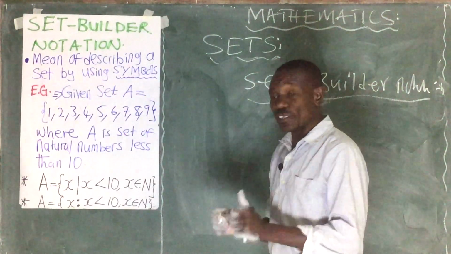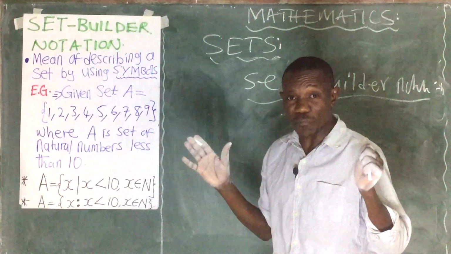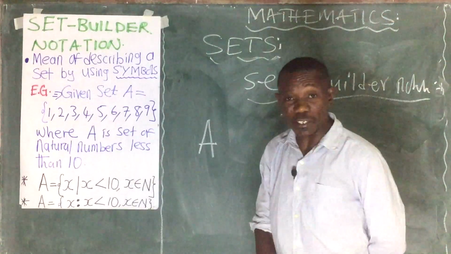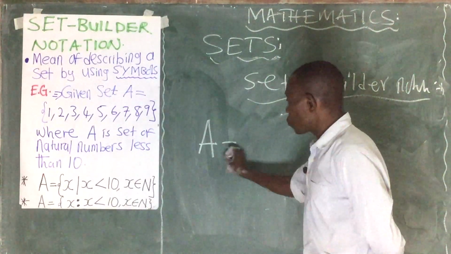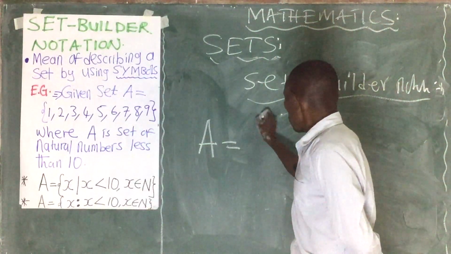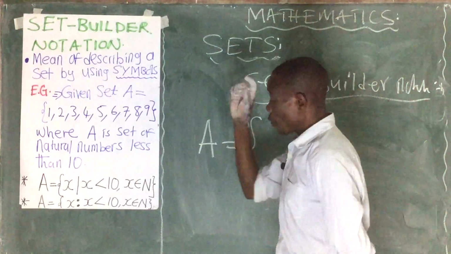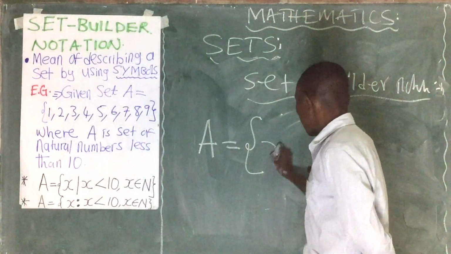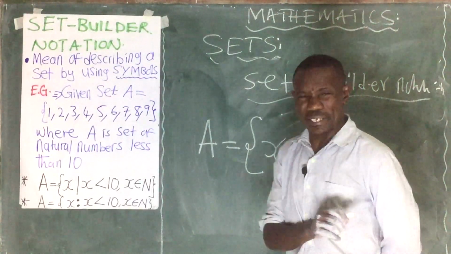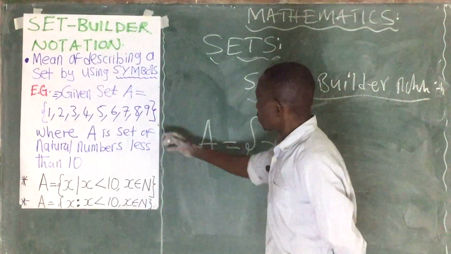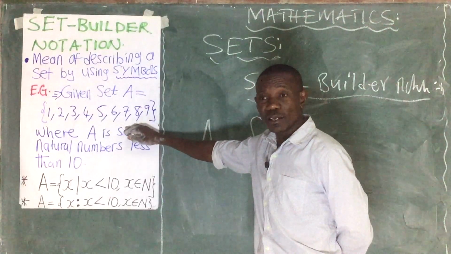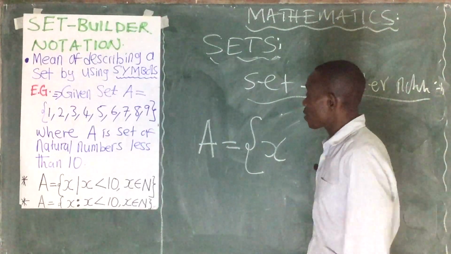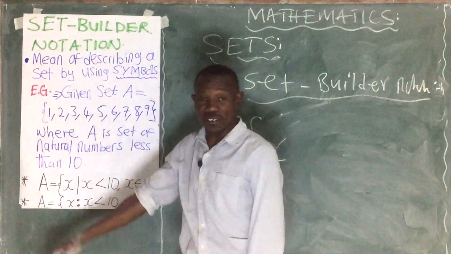Here, in the set builder notation, using the symbols which I've just highlighted, you write A itself as a set and write it equal to, as I've indicated there, you open the bracket. You choose a variable. There I use X. So here I'll write X. You'll be asking yourself, what is X? X is not appearing in the list here. So this X is a variable that describes all that list.